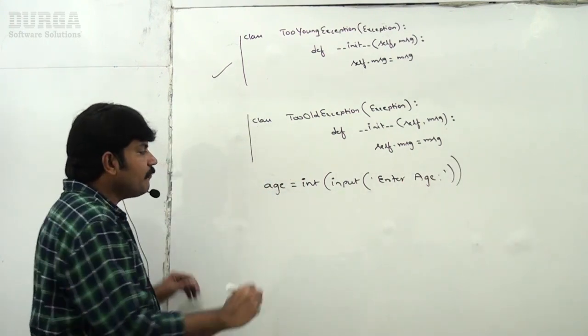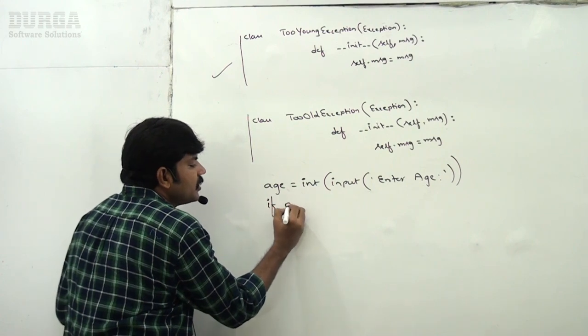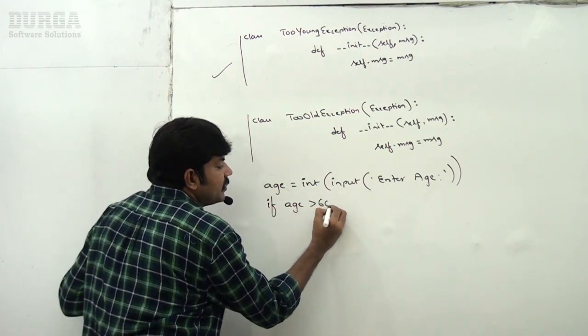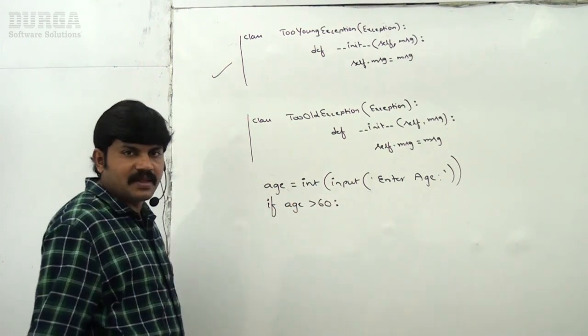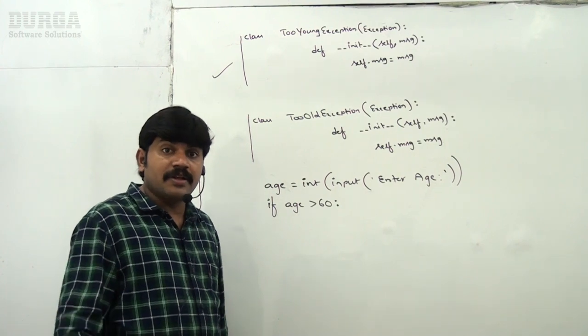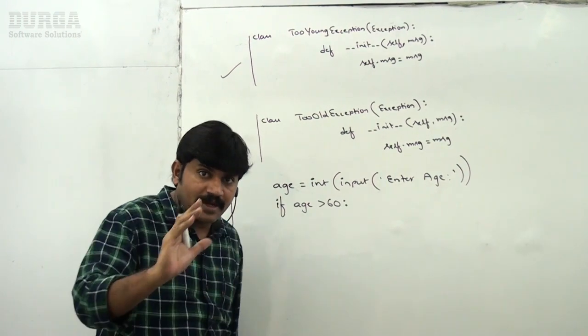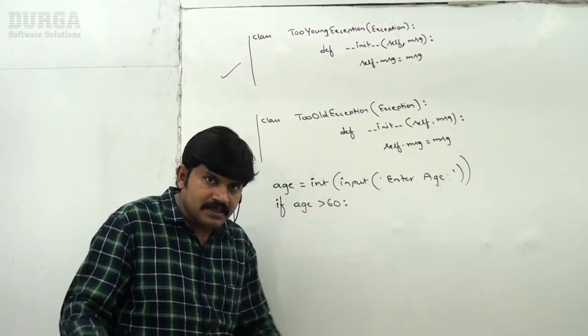If age is greater than 60, maybe someone is trying to register on the matrimonial website at 90 or 99 years.